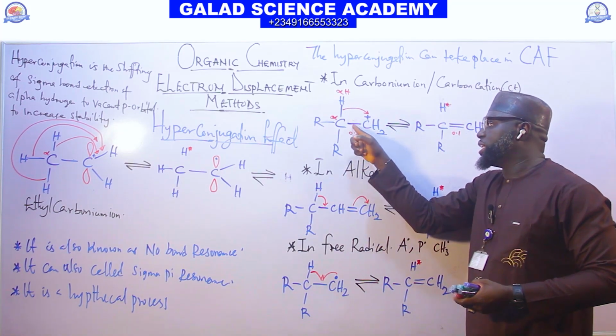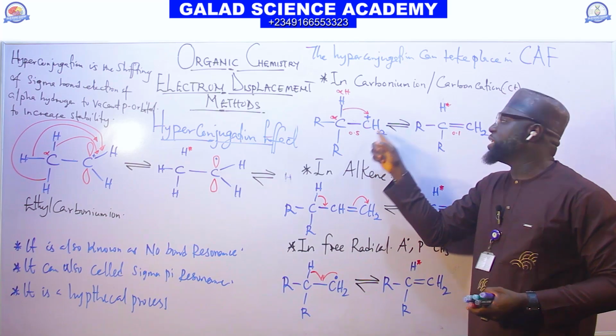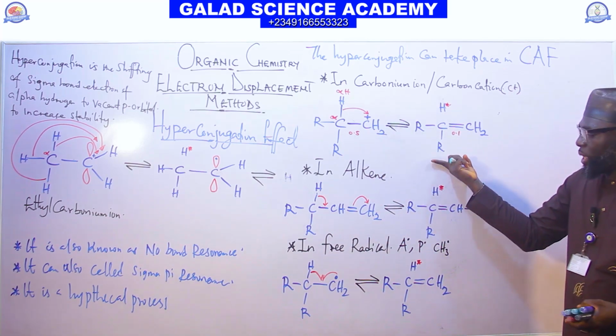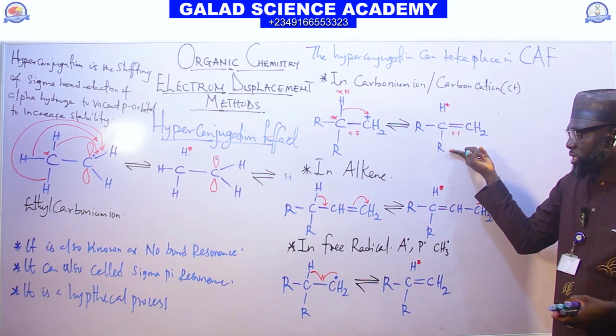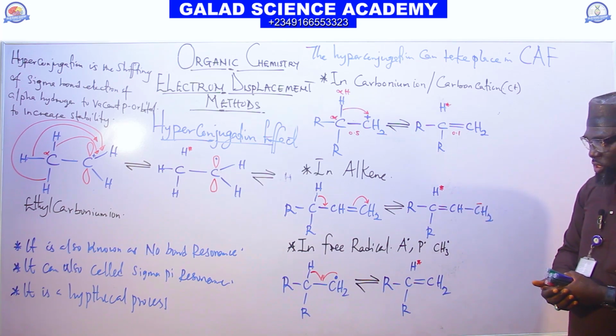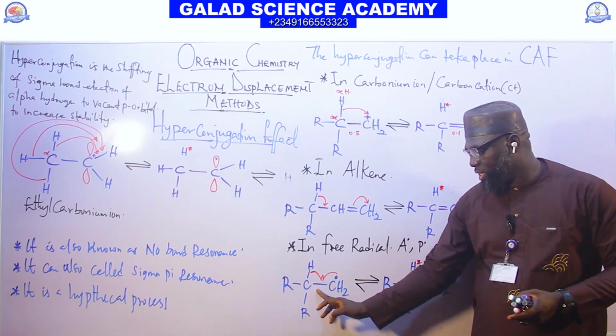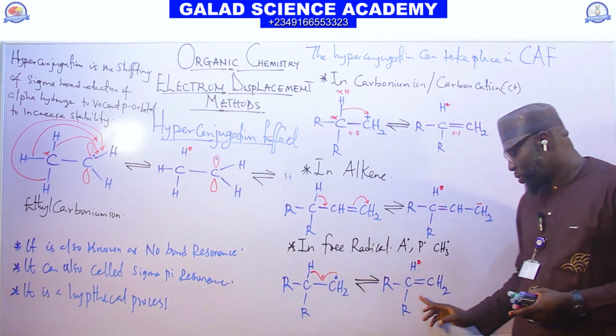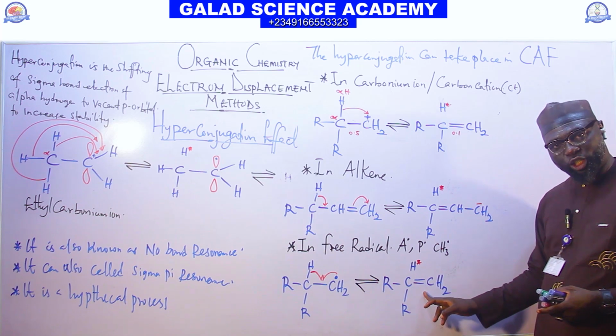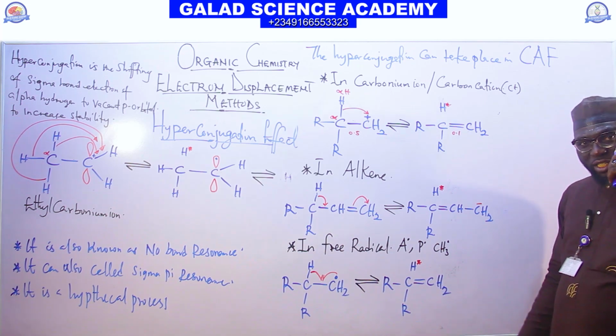In a single bond here, we have 0.5. When it moves to this, it becomes a double bond. What happens? The bond length reduces. The same thing happens here. If the bond length is 0.5, what do we have here? A double bond. Shortening of the bond. That's the first application.